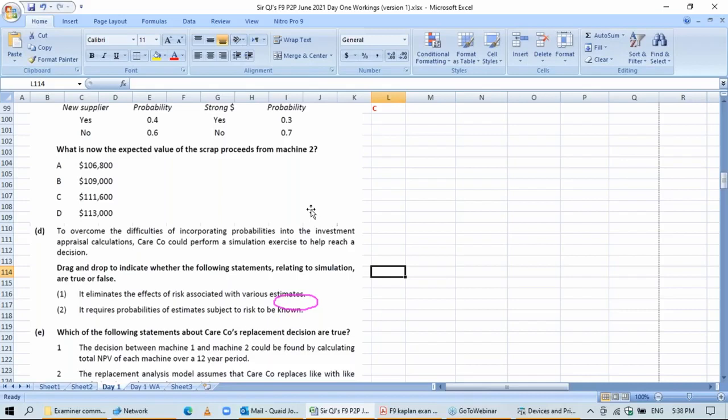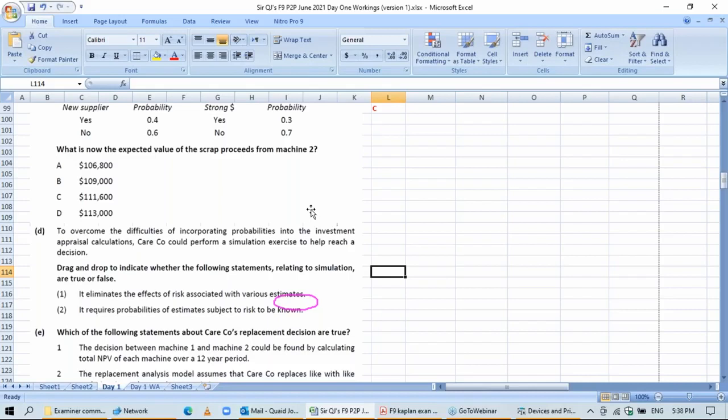So simulation technique by itself won't give you an answer whether to invest or not. It will give you a calculation of either NPV or profits by studying the effects of various changes in sale prices, variable costs, fixed costs, these type of things. Secondly, let's see the options first.